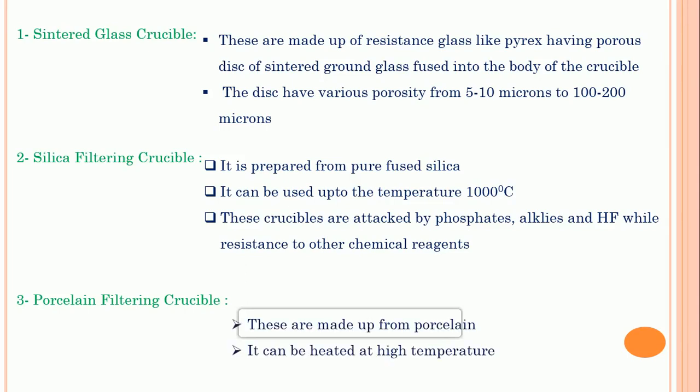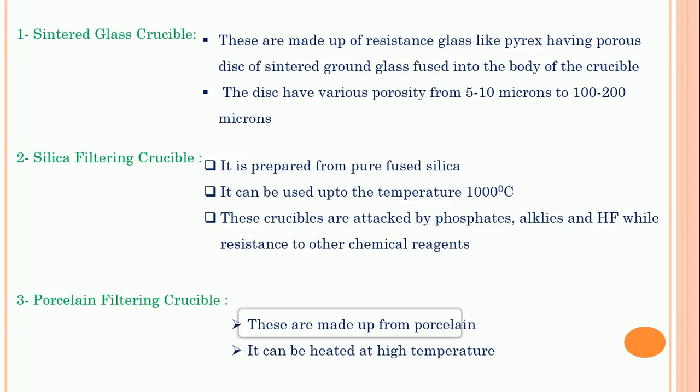Porcelain crucibles can be heated again at a high temperature. When we use high temperature, the temperature must be increased very slowly.